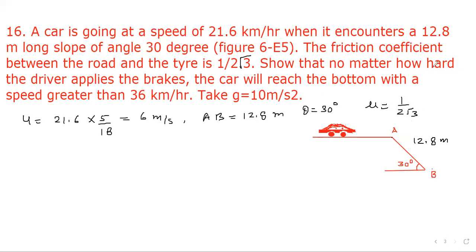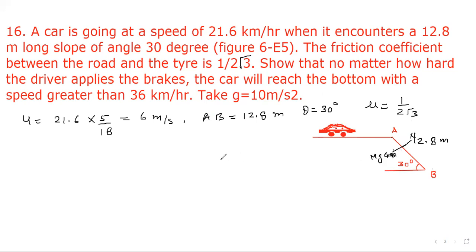So that no matter how hard the driver applies the brakes, the car will reach the bottom with a speed greater than 36 kilometers per hour. You have to take g equal to 10 meters per second square. Now, suppose the car is here. In that case, the normal reaction will be in this direction, and its component will be mg cos theta.